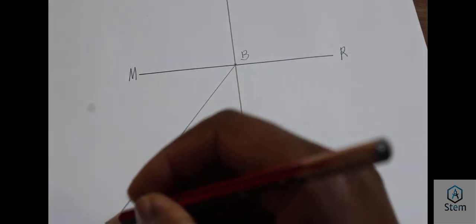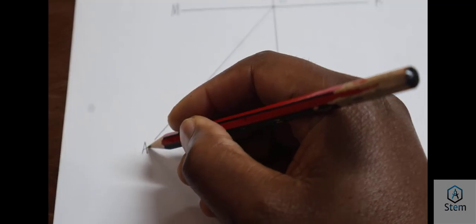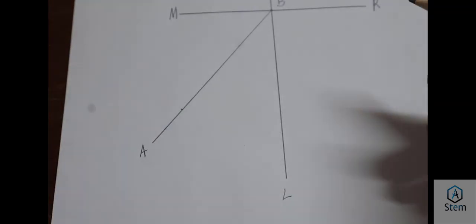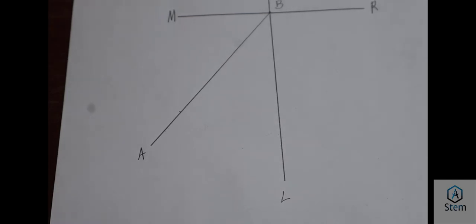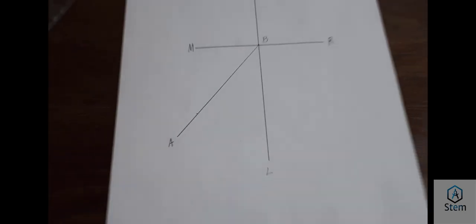This is point A according to our diagram, Fig 3.1. Okay, so far so good.